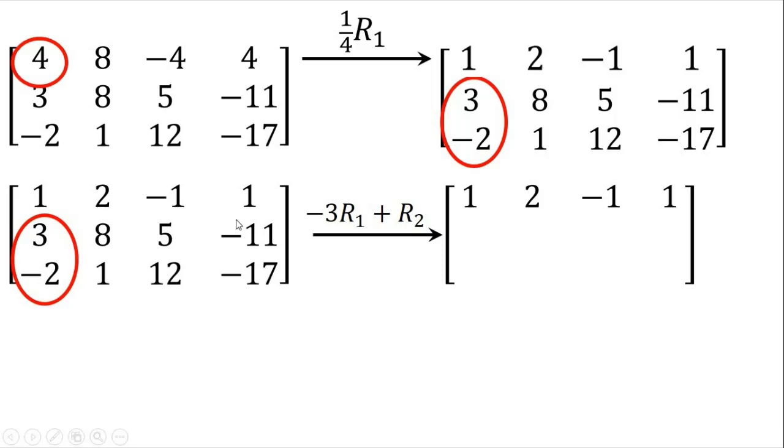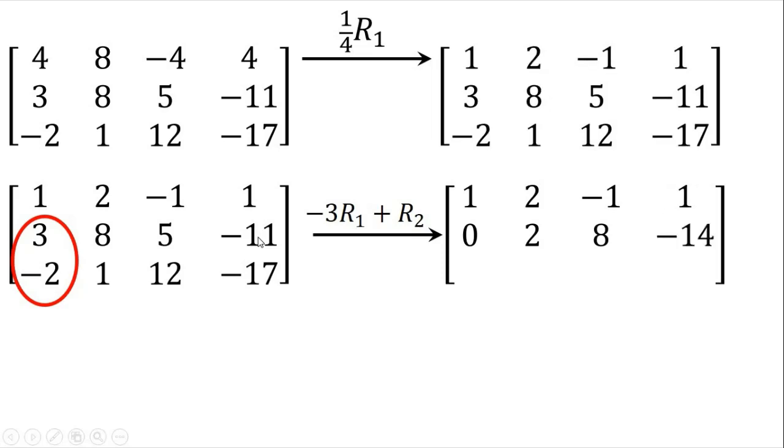By the way, we simply copy the first row. For the second row, after applying this operation, we get a 0 here. Then we have negative 3 times 2 plus 8, so that's a 2. Negative 3 times negative 1 is positive 3 plus 5, we get an 8. Negative 3 times 1 is negative 3 plus negative 11, it's negative 14.